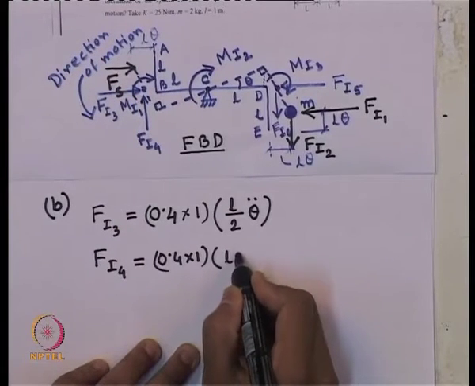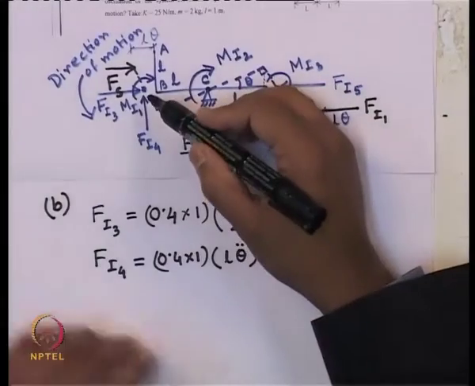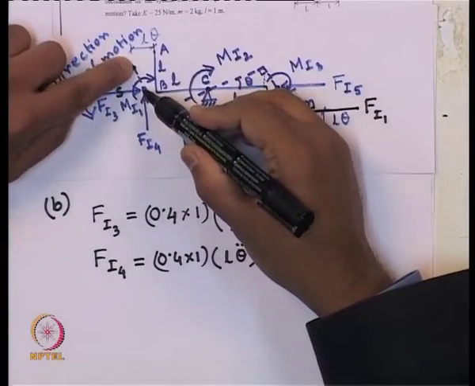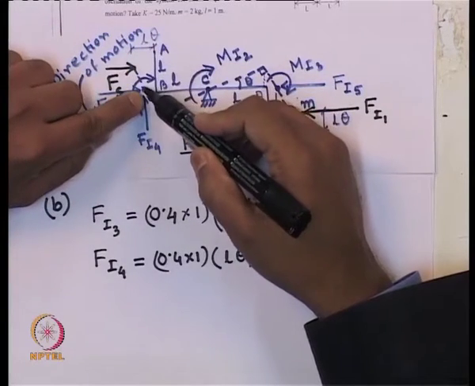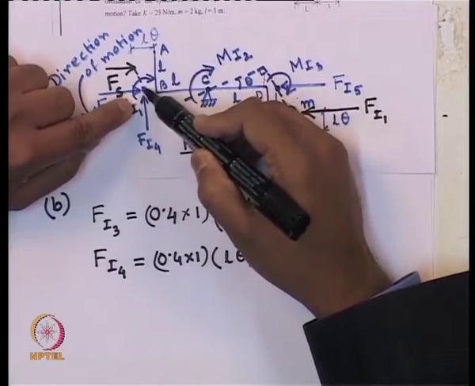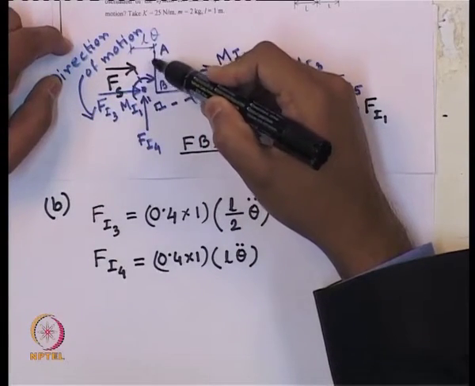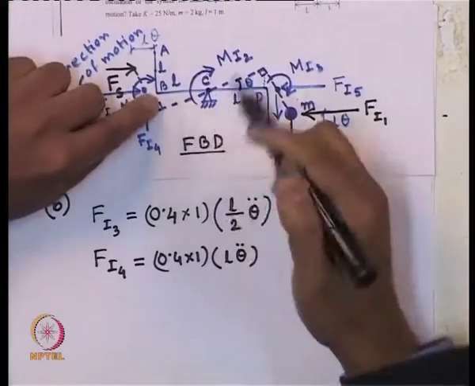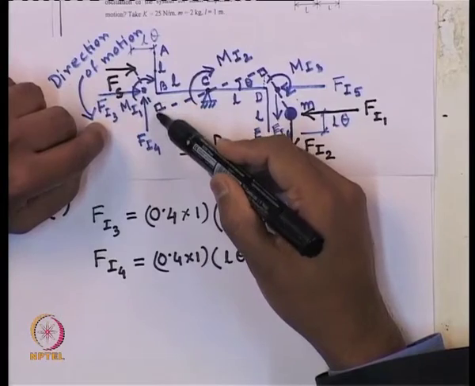So, acceleration is L theta double dot, because look at the center: the end point horizontal displacement is L theta. About the center this displacement is L by 2 theta, whereas vertically this has moved because of the shifting of point B, that was L theta.